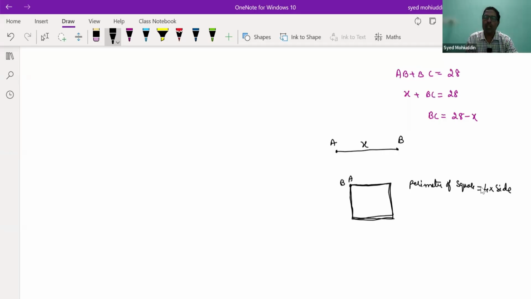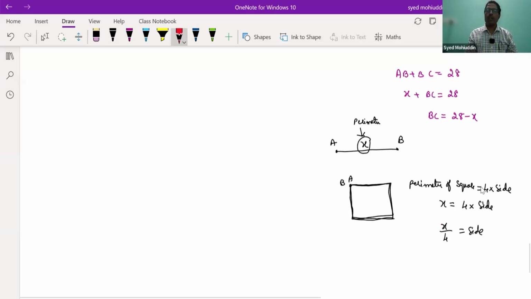Now this X represents the perimeter, because using the complete length from A to B, you are forming a square. So this X represents the perimeter, 4 times the side. So from here you can calculate the side. You just shift the 4 to the other side. X by 4 will be the side. Therefore, this side will be X by 4, this side will be X by 4, this side will be X by 4 and this side will be X by 4. And when you add all these, you get back X.